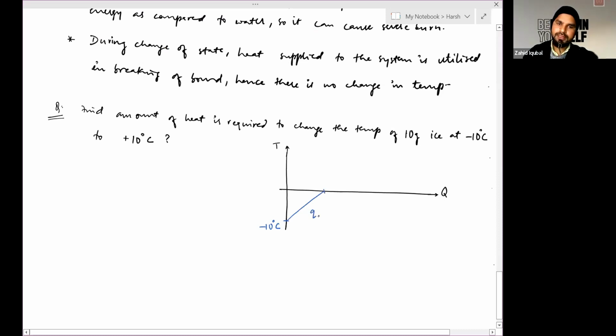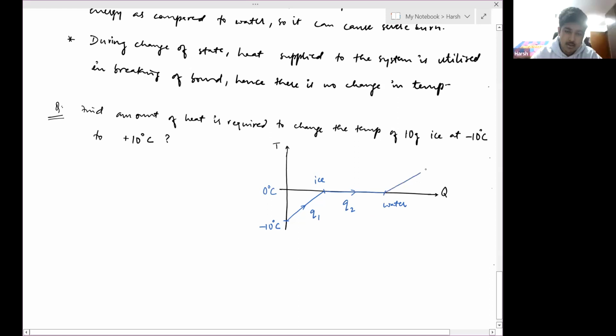Let's say this is Q1, the heat supplied to change temperature from minus 10 degrees Celsius to 0 degrees Celsius. Further, on supplying heat, it will change its state from this point to this point, that is from ice to liquid water. So it will be Q2, that is latent heat. And further on heating, it will raise its temperature to 10 degrees Celsius, that is Q3.